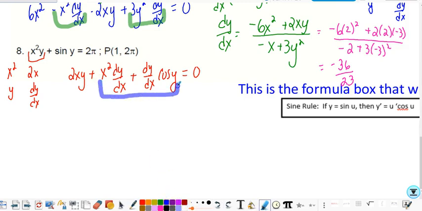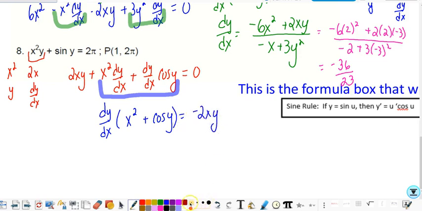These terms both have a dy dx, so I'm going to factor that out. The same step, I'm going to subtract this term to the right. Divide. Substitute in our x and our y.